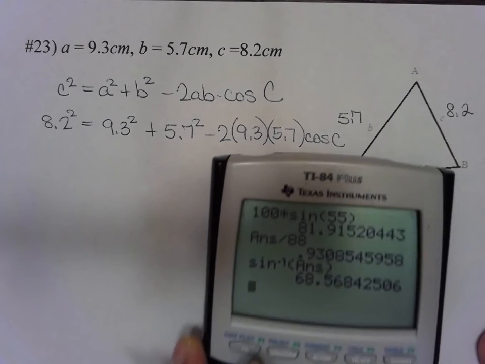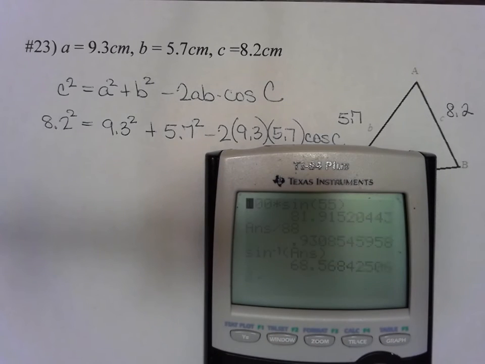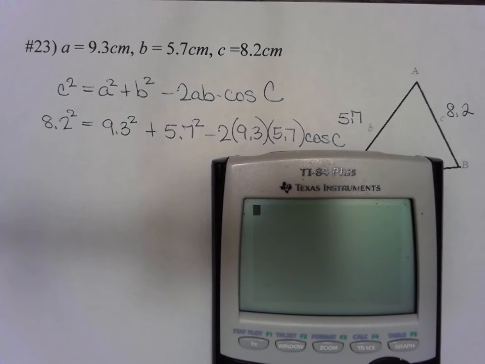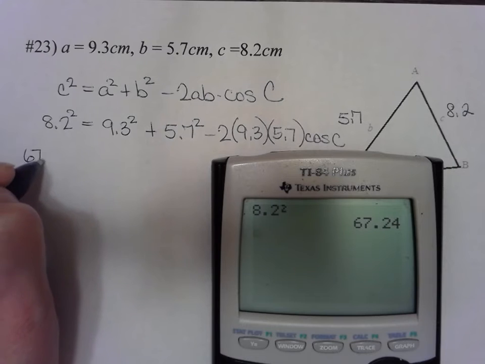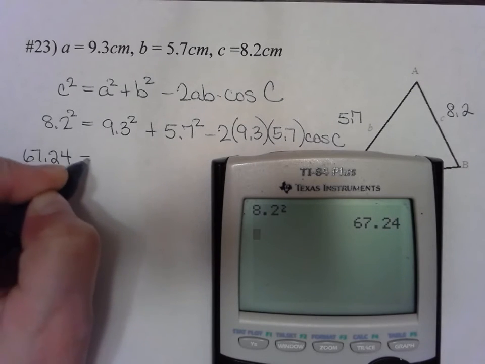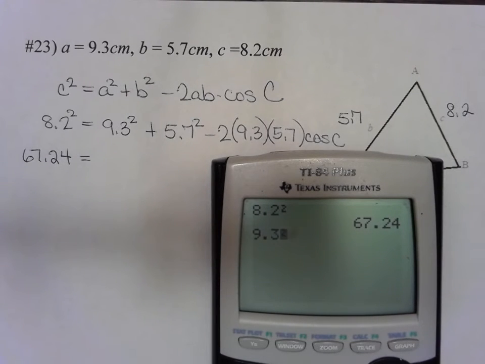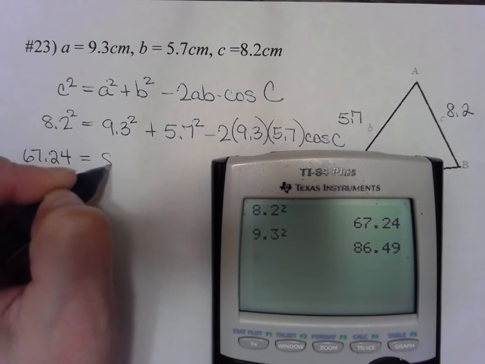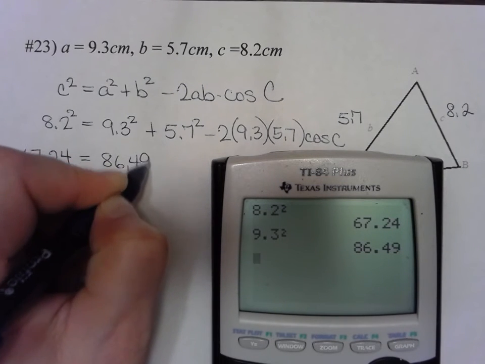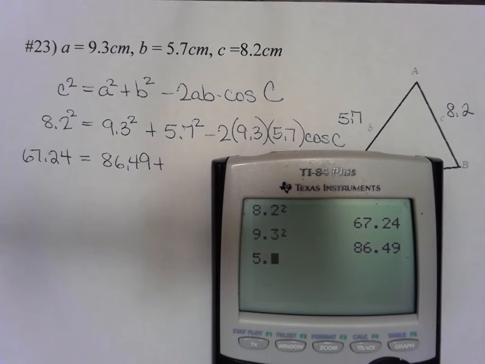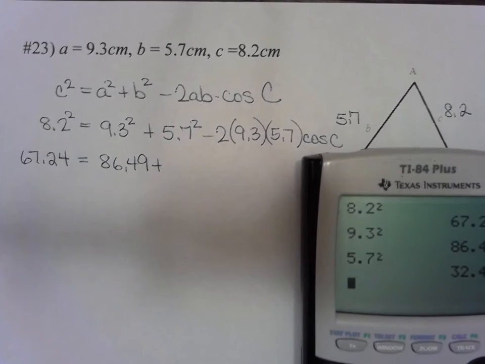Okay, so let's put some of this into our calculator. So that's 67.24. 86.49. And 32.49.